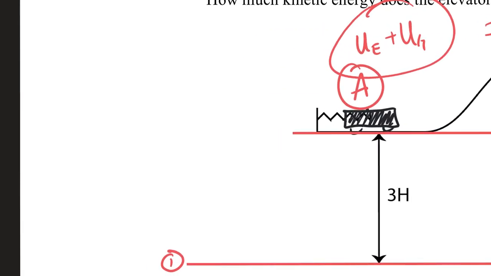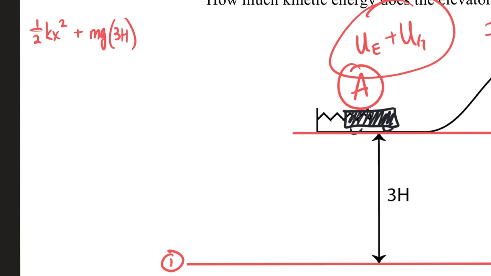So 1/2 kx squared plus mg times 3h. Look, it's a capital H, and it's 3 of them.